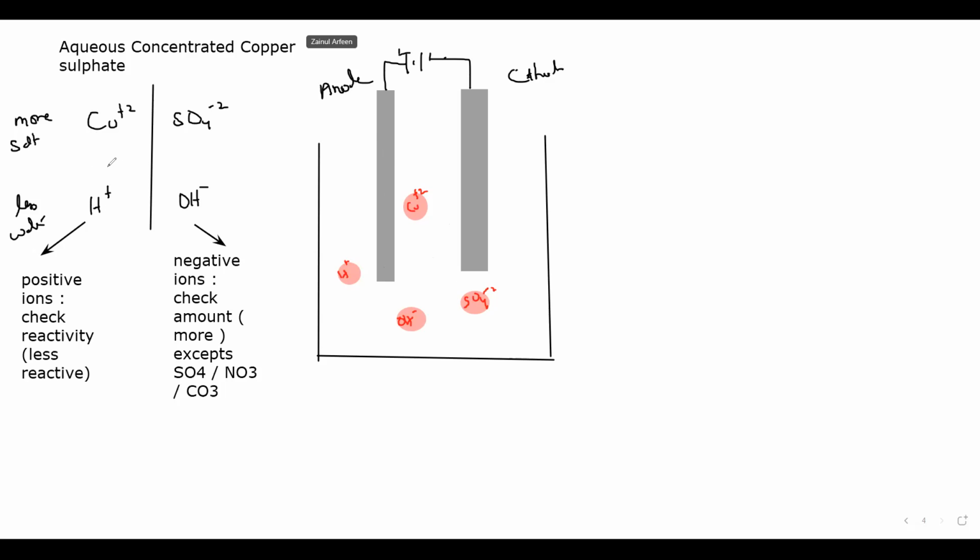For positive ions, we check the reactivity. Which is less reactive, copper or hydrogen?